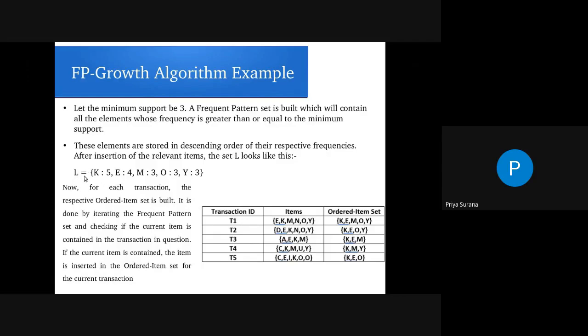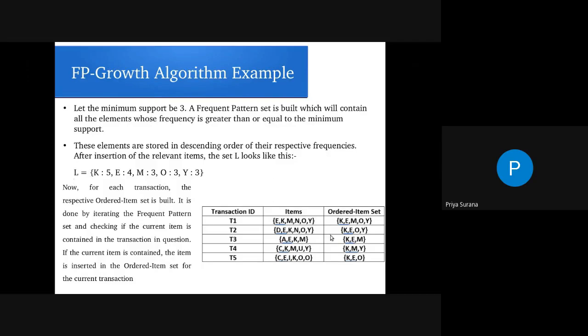Which atoms are available for T2? That is K, E, O, Y. Same way you can check the other transactions, from T1 to T5. The order atom set is built depending on the list formed here.